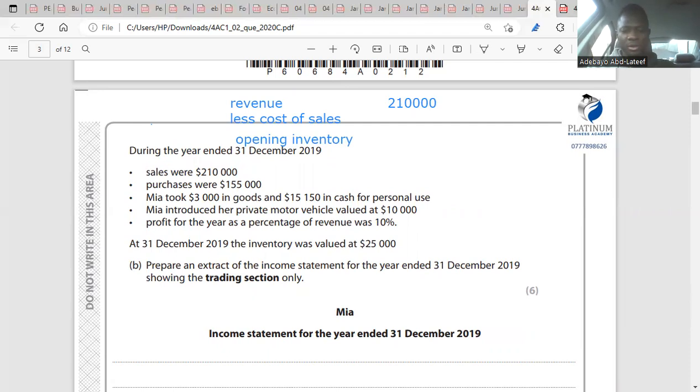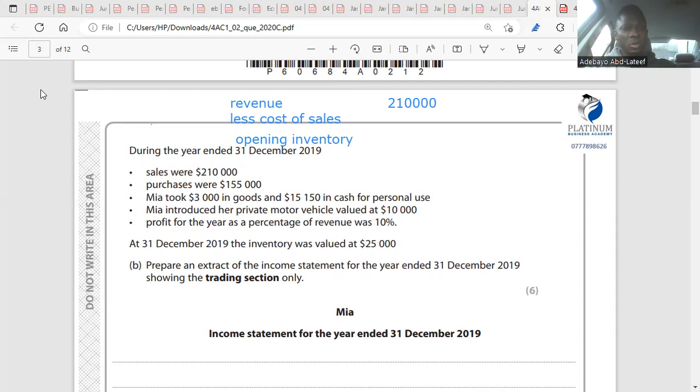Let's have our revenue. Our revenue is 210,000. Let's do the debit side first before the credit side. For the debit side, you have your opening inventory, which is 20,000, plus your purchases, 155,000.